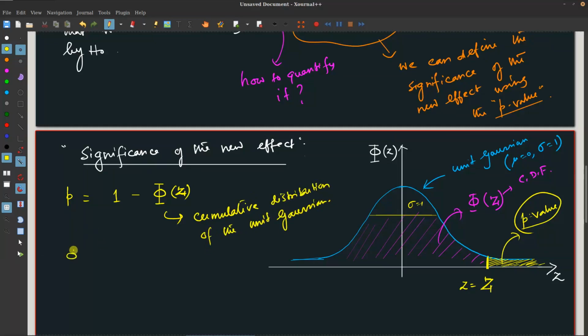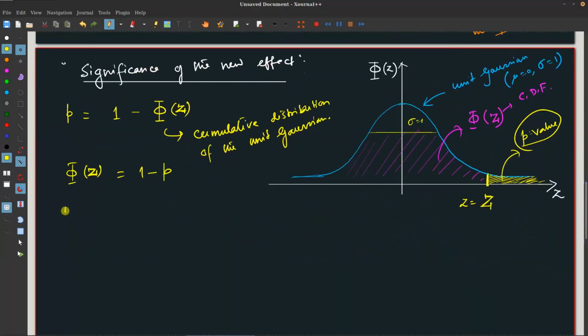So capital phi of z is 1 minus p, and this significance z would be the inverse cumulative function of 1 minus p. Then you find this z. Then you say that the significance of the new effect is z sigma.